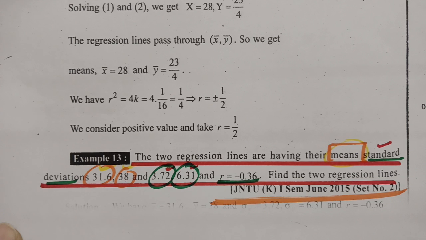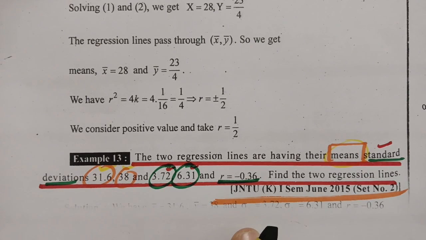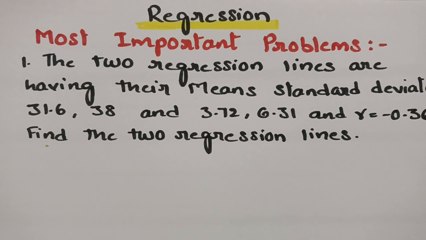Now we have to find the two regression lines, that is, the line x on y and y on x. So let's get started to solve this problem from the textbook.